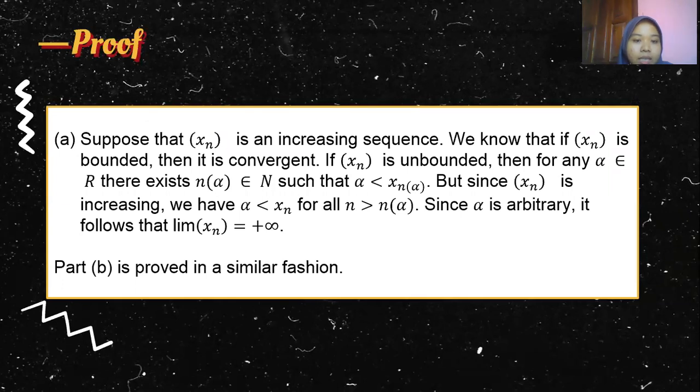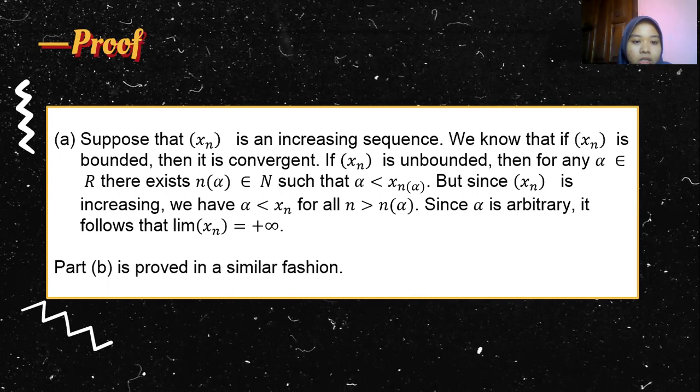But since (xn) is increasing, we have alpha less than xn for all n greater than n alpha. Since alpha is arbitrary, it follows that the limit of xn equals positive infinity.